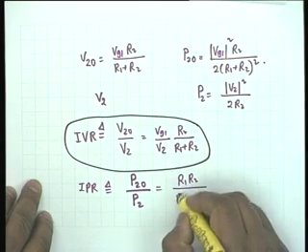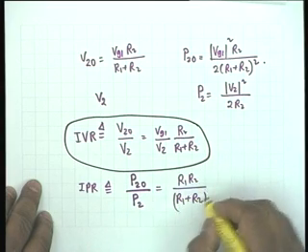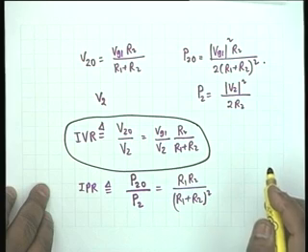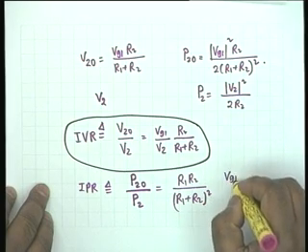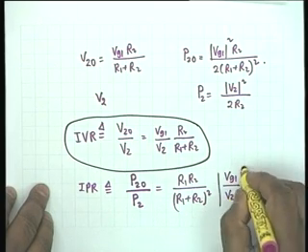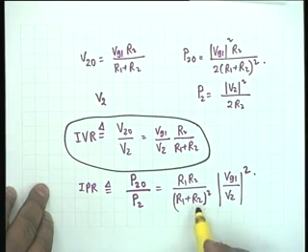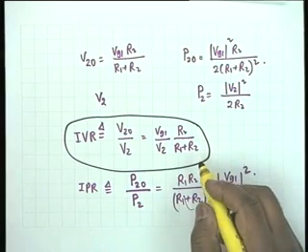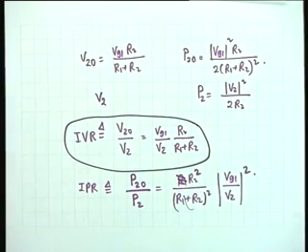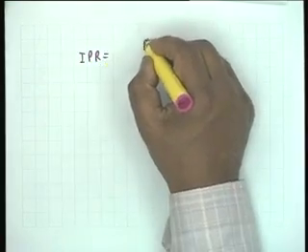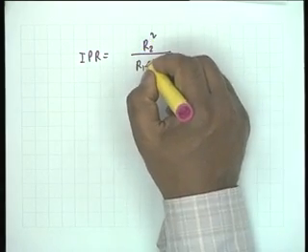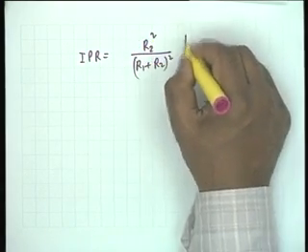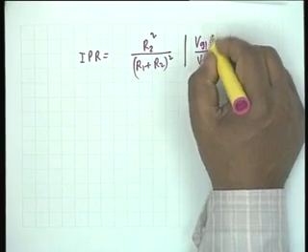R1 R2 divided by R1 plus R2 whole square, Vg1 by V2 whole squared. This would be R2 square by R1 plus R2 whole square. Is that okay? Let me write it again. IPR is equal to R2 squared divided by R1 plus R2 whole squared times Vg1 by V2 whole squared.